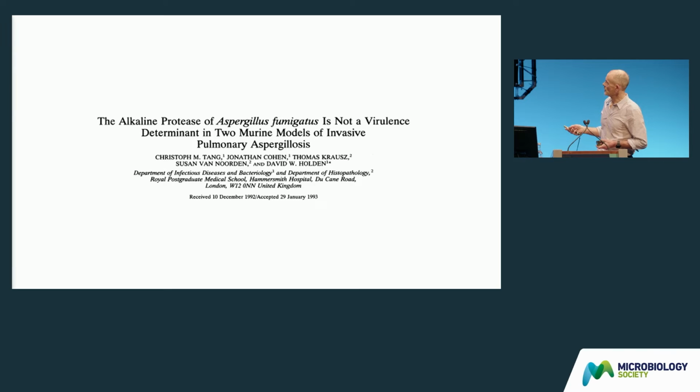With PhD student Christoph Tang, we knocked the gene out, and then we tested the virulence of this mutant in respiratory infection models in mice and in rabbits. But this mutant turned out to have no detectable virulence defect.